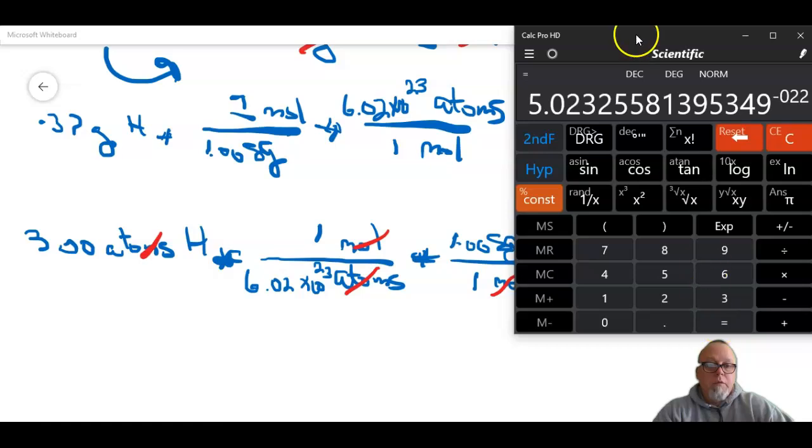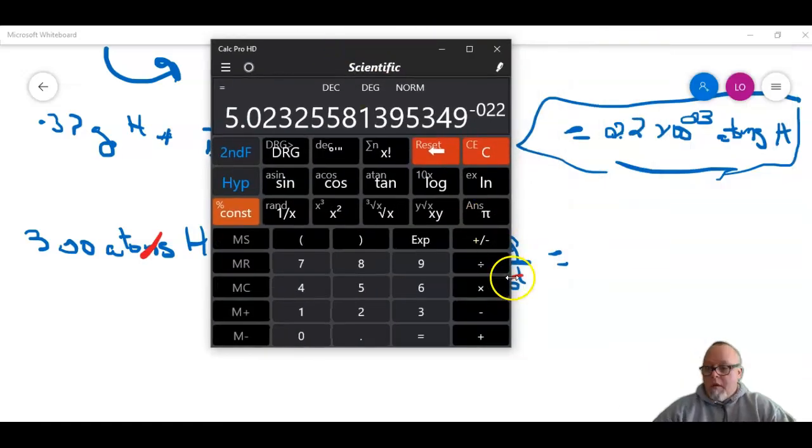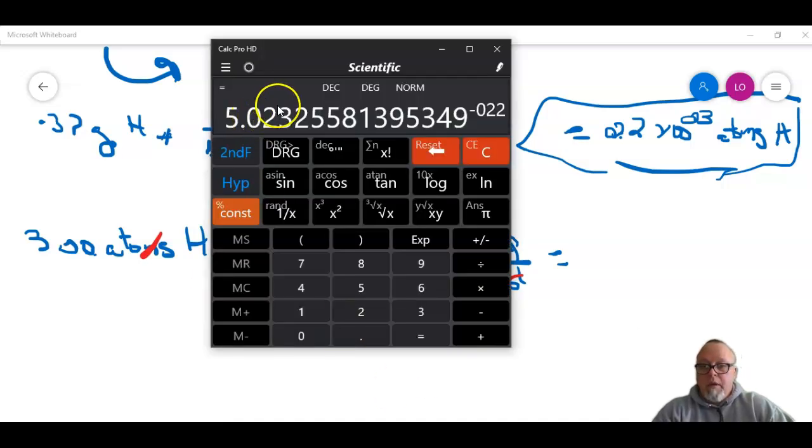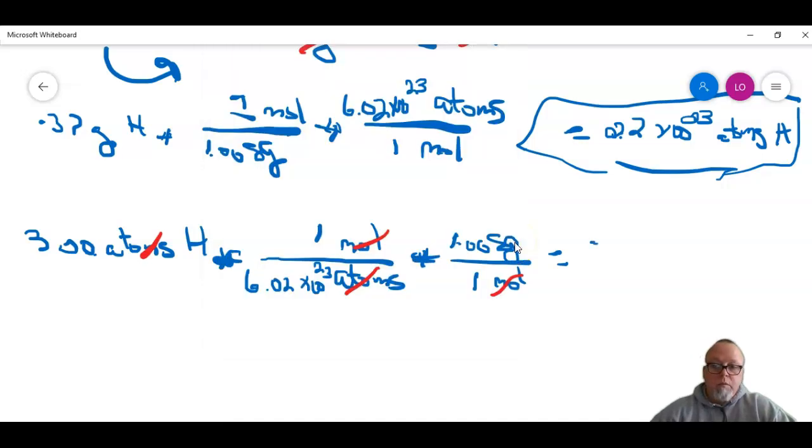That is equal to, let's make this 3 sig figs, since we have 300 of them. So 5.02 times 10 to the negative 22nd. So again, how does this work?